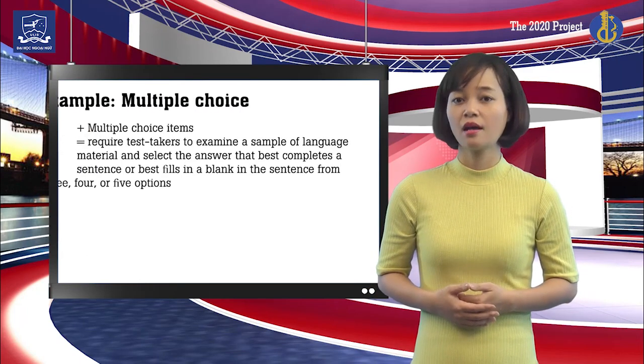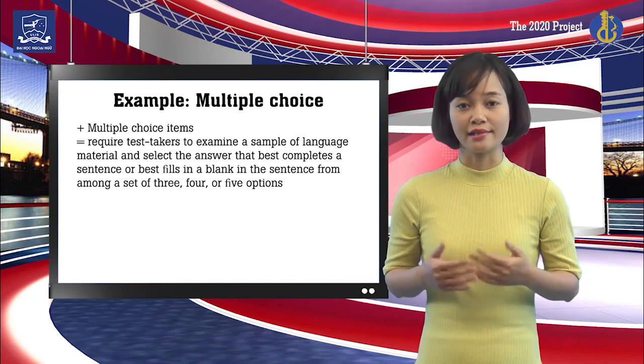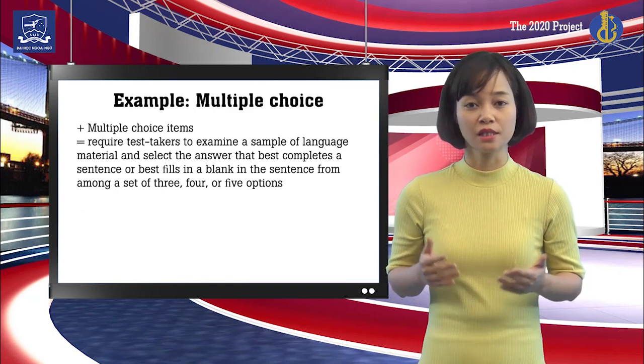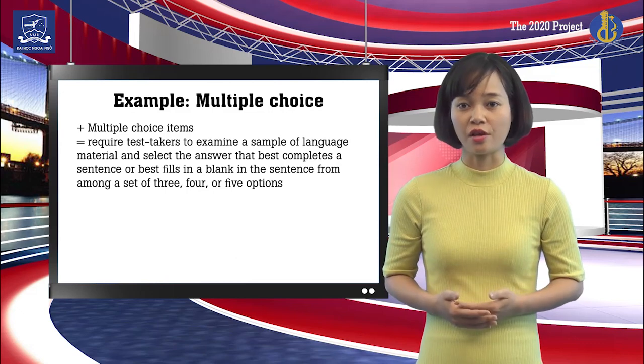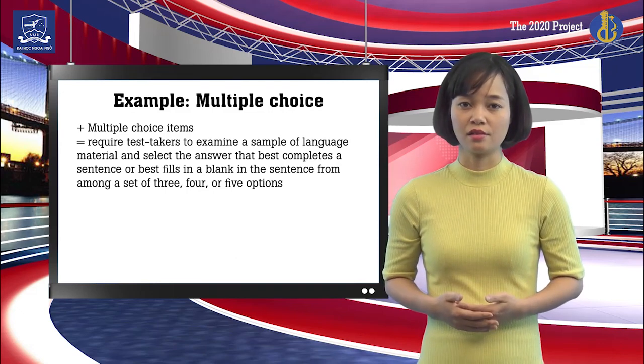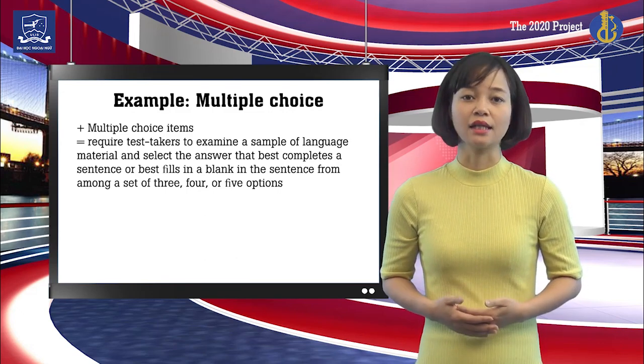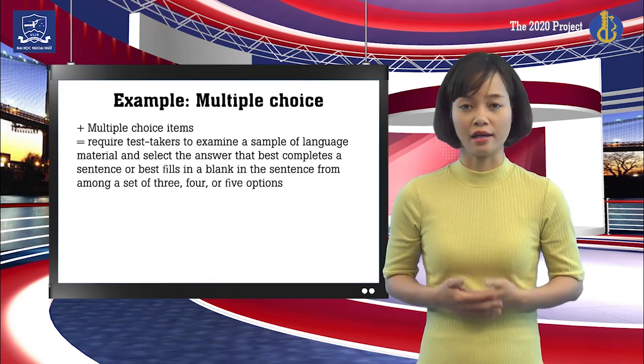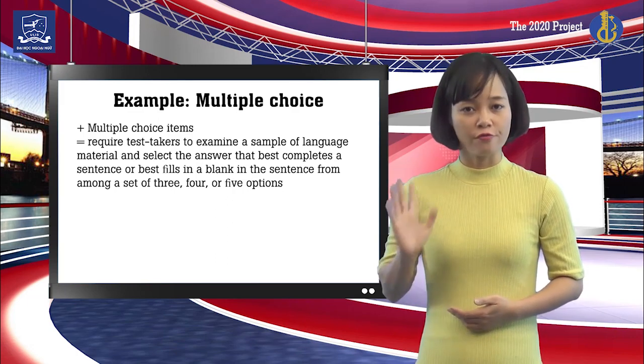Multiple-choice assessments require test takers to examine a sample of language material and select the answer that best completes a sentence or best fills in a blank in the sentence from among a set of 3, 4, or 5 options.